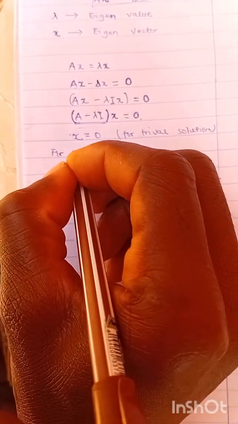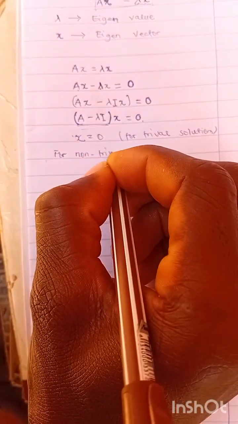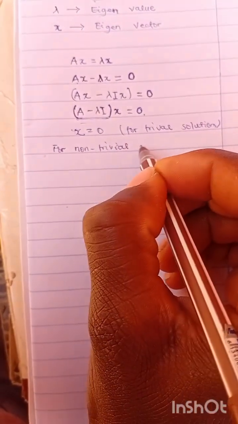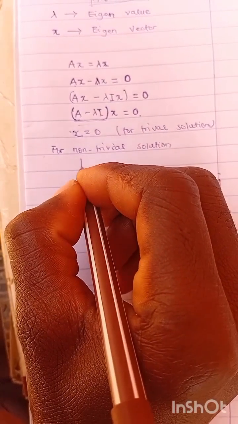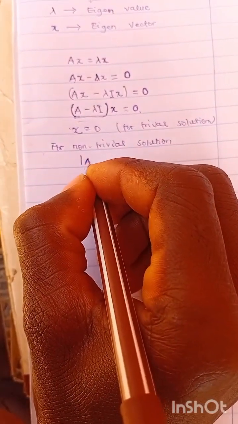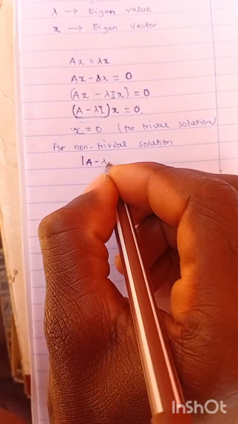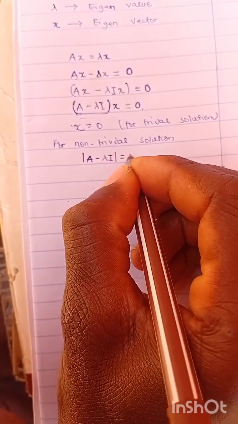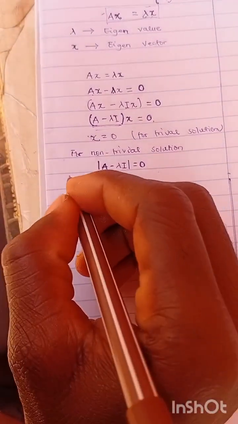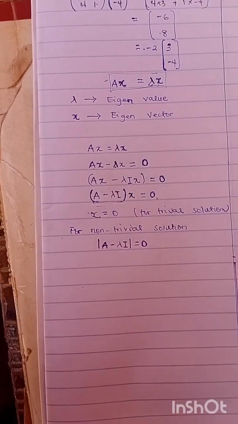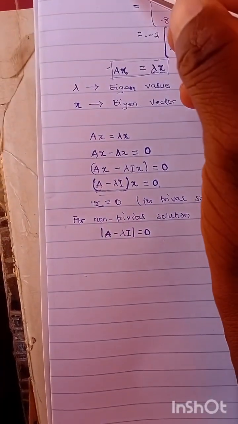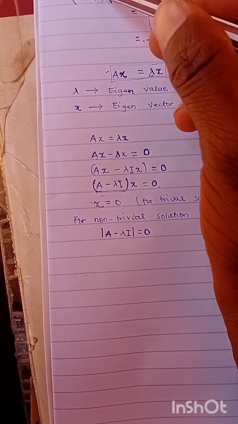But just know that for non-trivial solutions, we demand that the determinant of the matrix A minus lambda I should give us 0. Back to where we started, we want to reverse engineer how to get an eigenvector for this matrix.